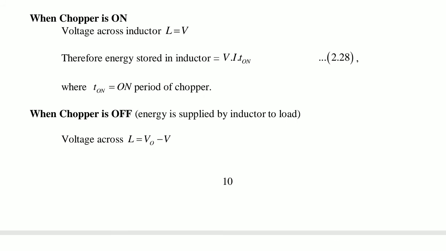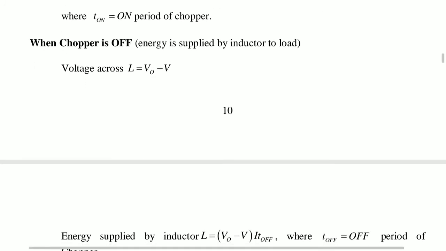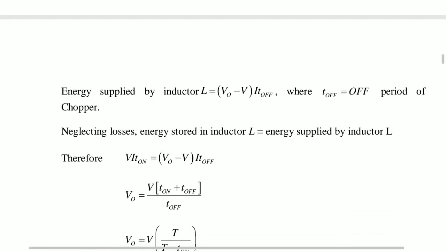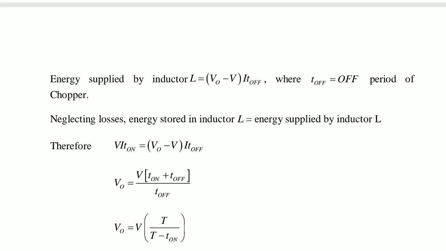The voltage across inductor L is the output voltage minus the input voltage, that is VO minus V. So the energy supplied by inductor L is equal to VO minus V into I into T off, where T off is the off period of the chopper.